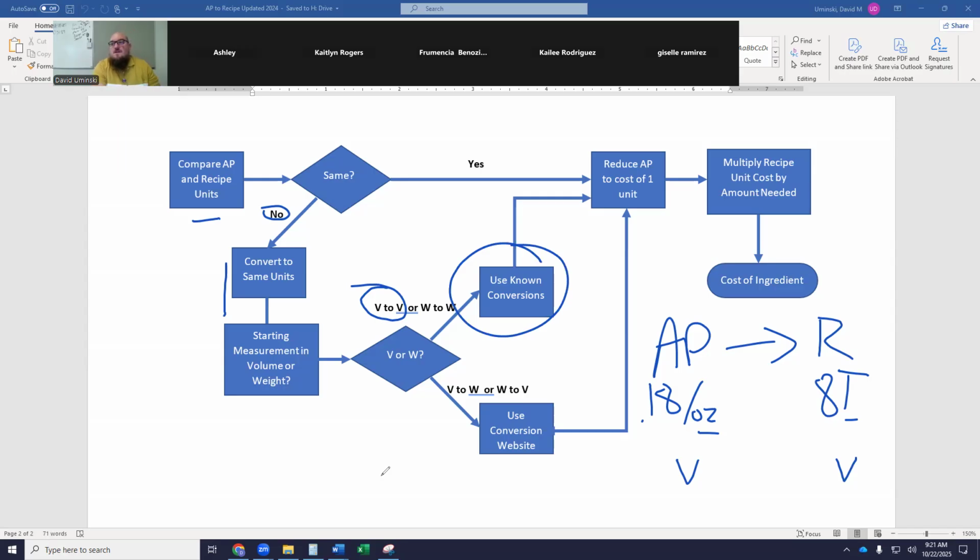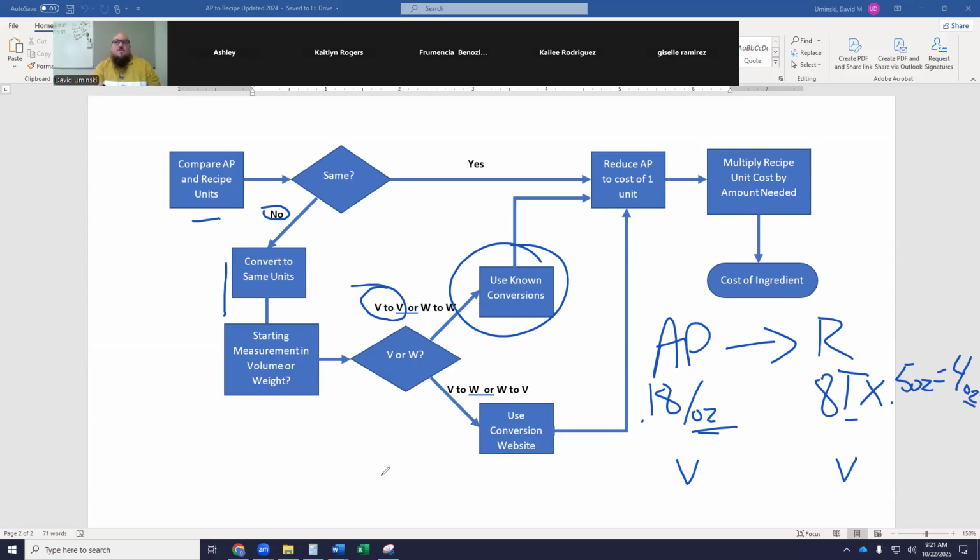How many ounces are in a tablespoon? Half. A half an ounce, right? 1 tablespoon is half of a fluid ounce. So if 1 tablespoon is equal to half of a fluid ounce, then 8 tablespoons is equal to 4 ounces. And now our units match.